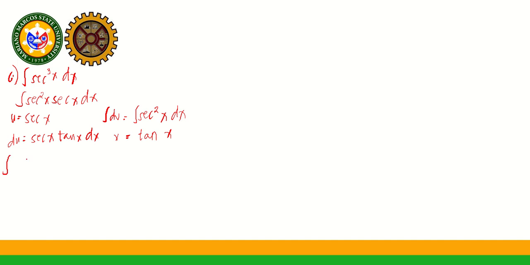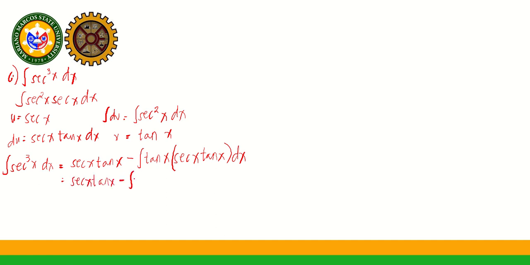Okay, so the integral of secant cube x dx is equal to u, that is secant x, times v, that is tan x, minus the integral of tan x, and du is secant x tan x dx. Okay, so from there, pwede tayong mag-simplify ulit. This is secant x tan x minus the integral of secant x tangent squared x dx.